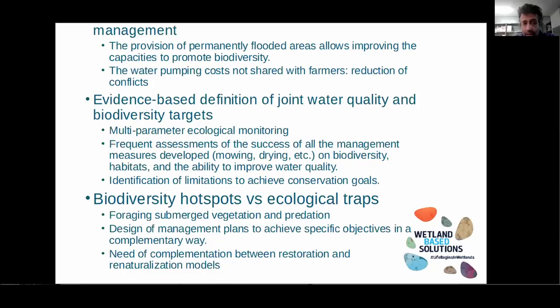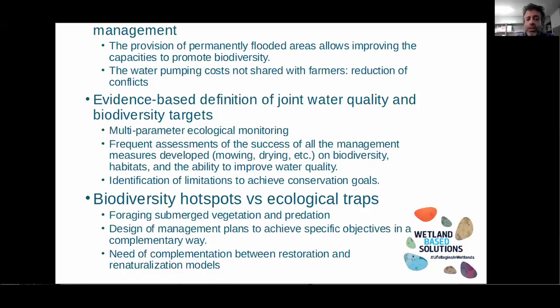Another problem arises because we do that multi-parameter ecological monitoring. We realized that by restoring very few reserves, we were creating several ecological traps. That is a problem arising because we had very little habitat availability.